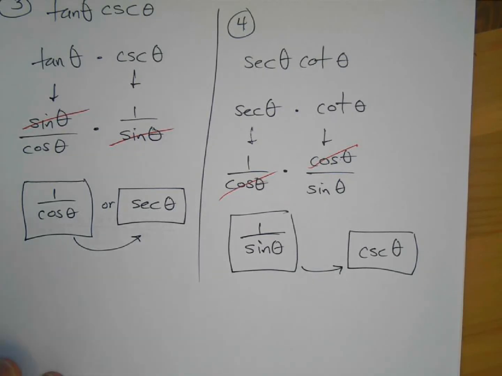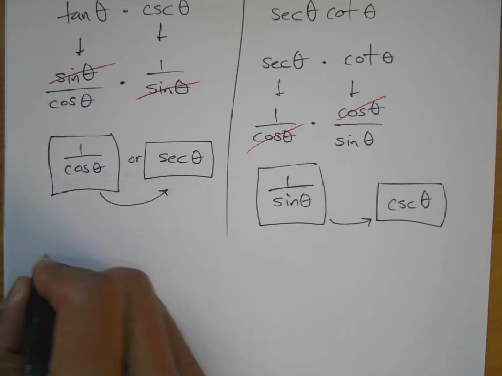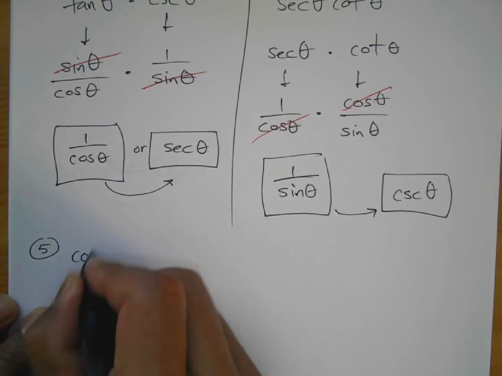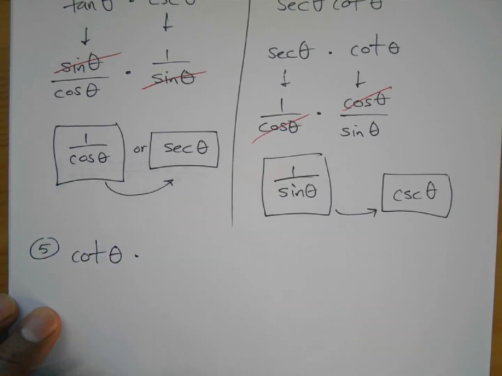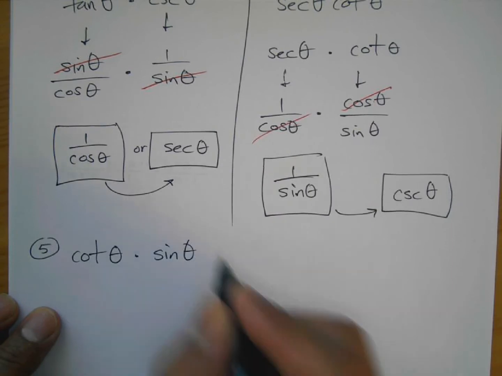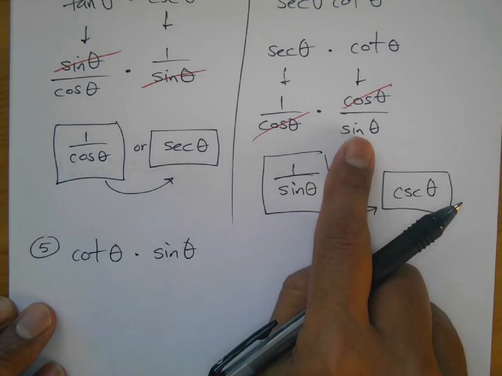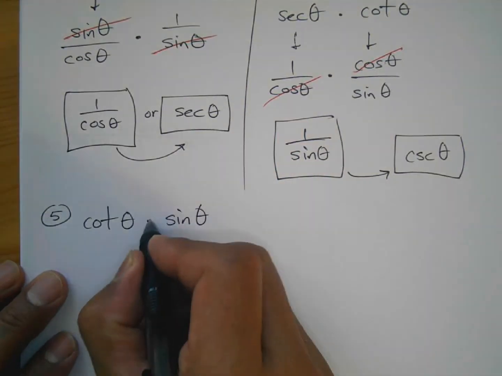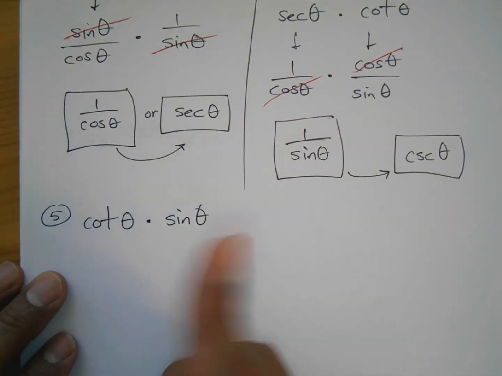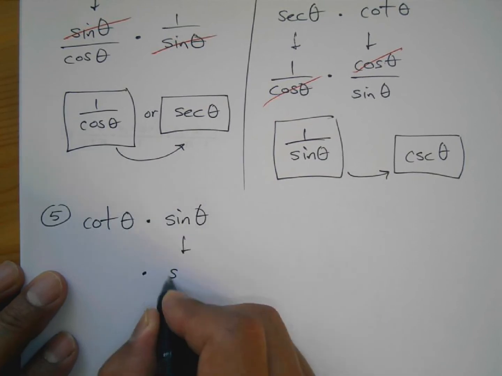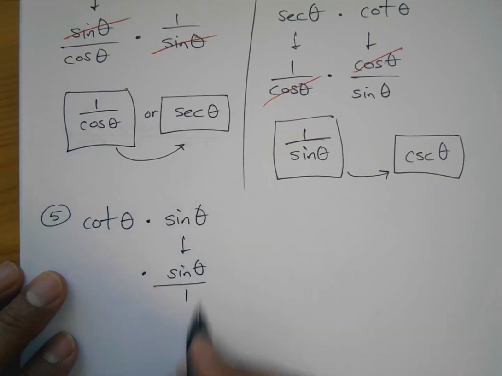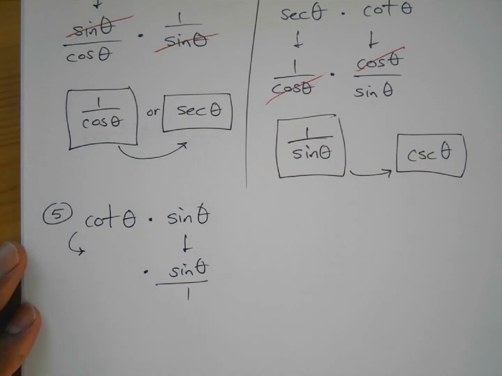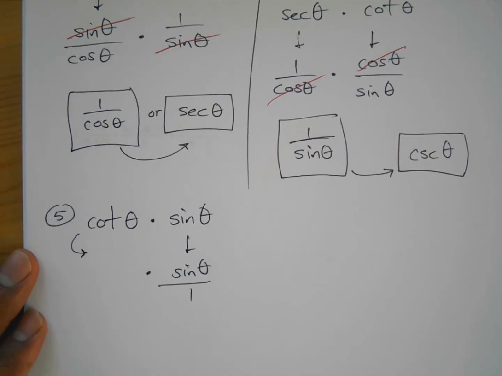Okay, a couple more. Number 5. Cotangent theta times sine. Well, we use cotangent over here. Remember, if it's already a sine or cosine, leave it. I'll just leave it as sine over 1. I don't have to change it. But this one, you are going to change. Not to 1 over tangent.